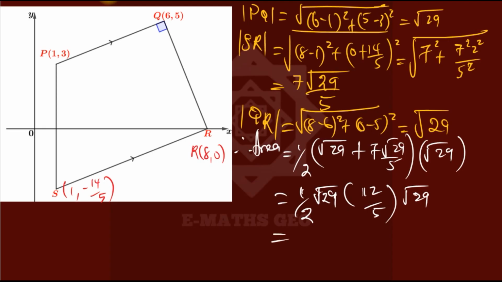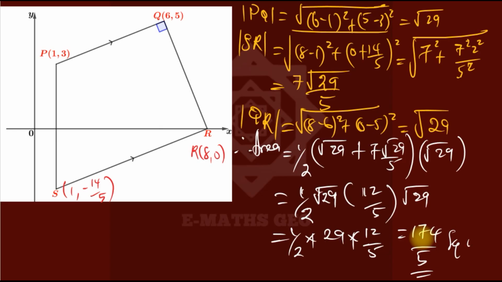So I have half times 29 times 12 over 5, which is equal to 6 times 29 over 5, so 174 over 5 square units. So that's the area of this trapezoid.